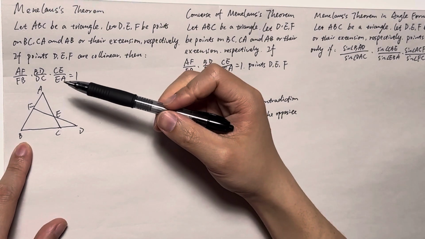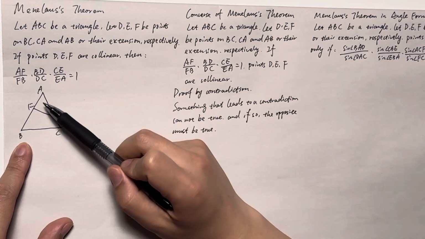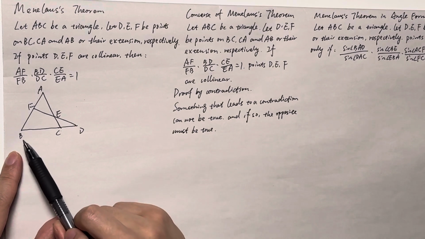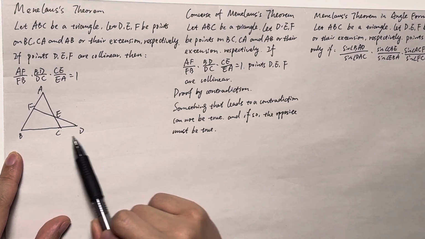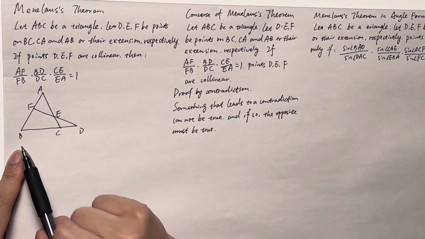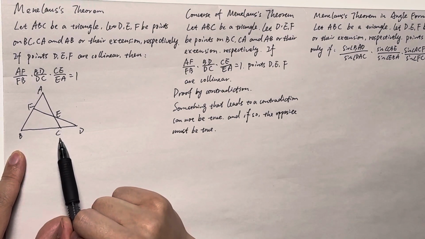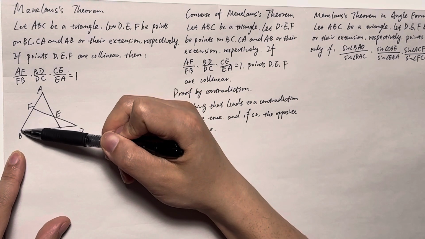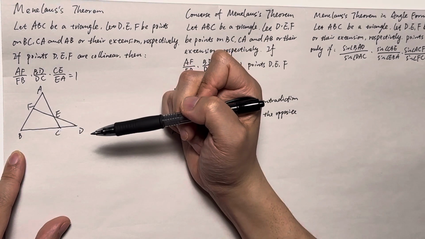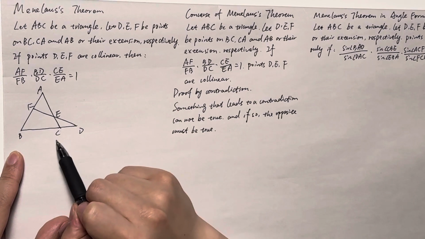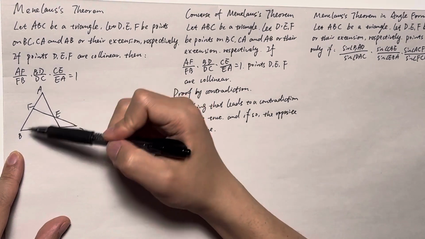So we want to find the relationship between AF and FB, or the relationship between BD and DC. We notice that for BD and DC, we can transfer it to the side AB. How do we transfer the ratio BD divided by DC to the AB side?